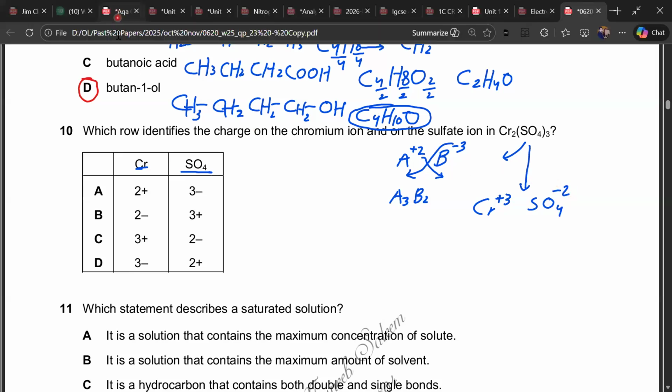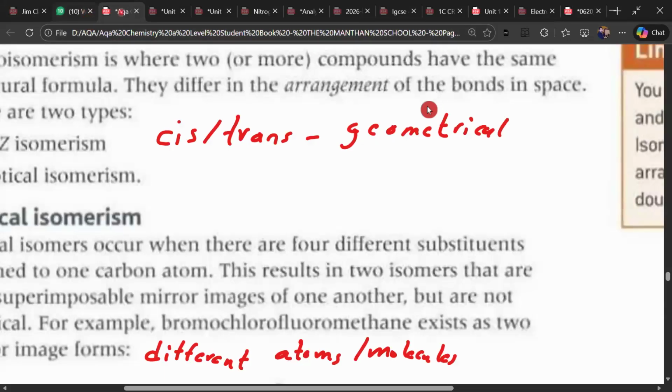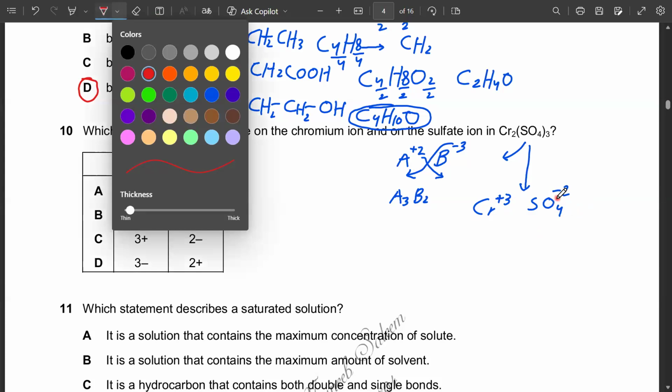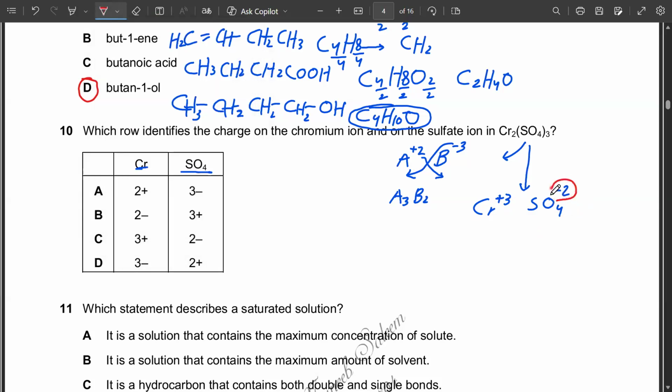So in this way, you have determined the charges of the chromium and sulfate. So it is minus 2 from the sulfate part and plus 3 from the chromium part. Plus 3 and minus 2. So the correct option becomes C.